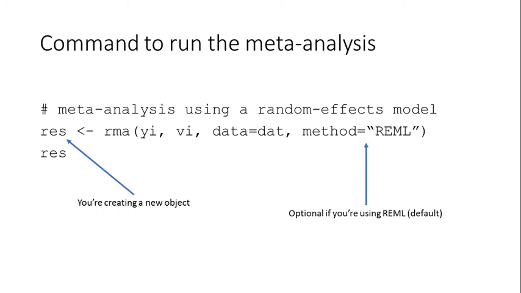And then this is the method that we just talked about. If you don't put that in at all, it will use REML, which is the default. And then that's it running it, and then you want to tell it to show you what you found. So you just type in that object name and it will spit out something that looks like this.